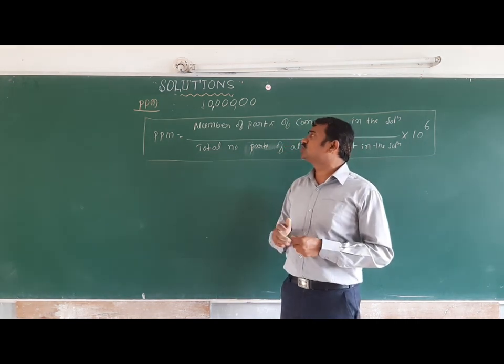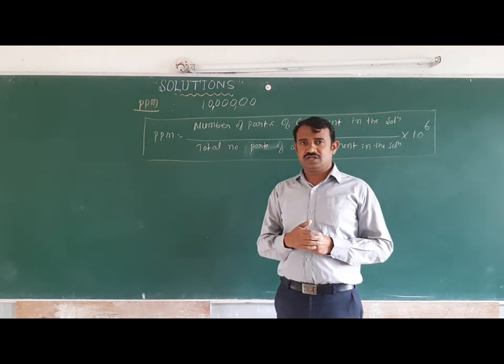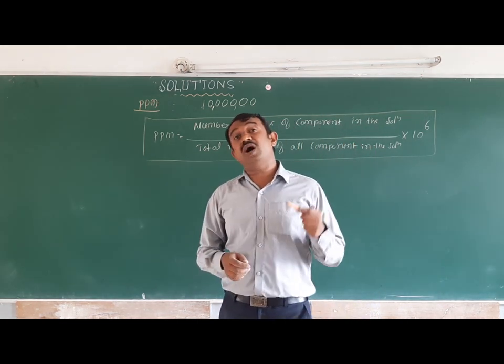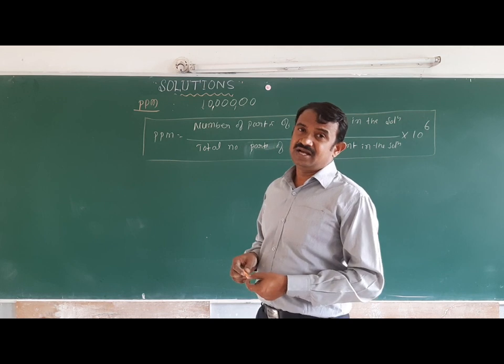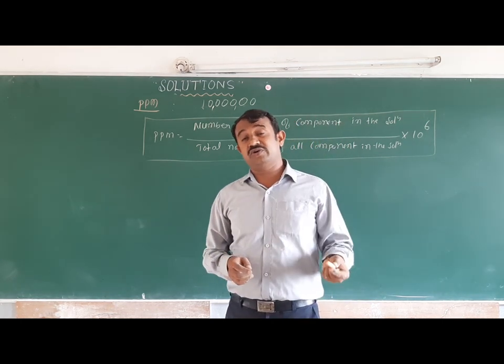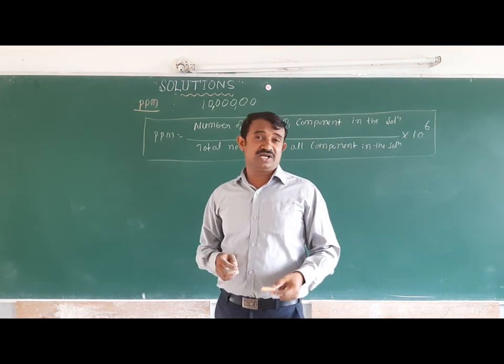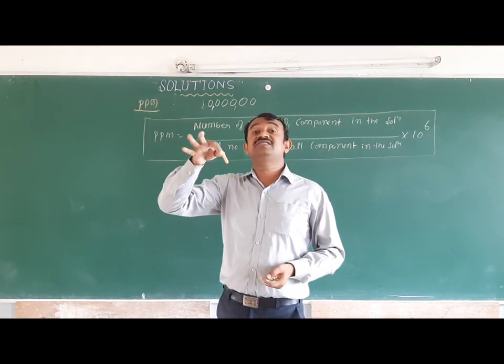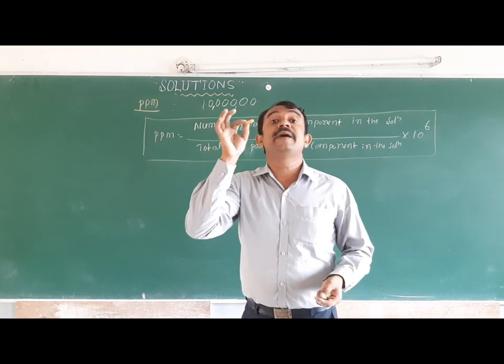This is also one of the important concentrations. We can observe the salt content in water. Suppose there is chloride content, fluoride content, magnesium content or any minerals, we can calculate the hardness of water by ppm level.